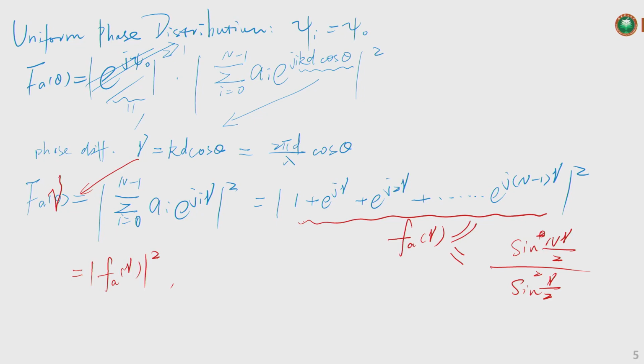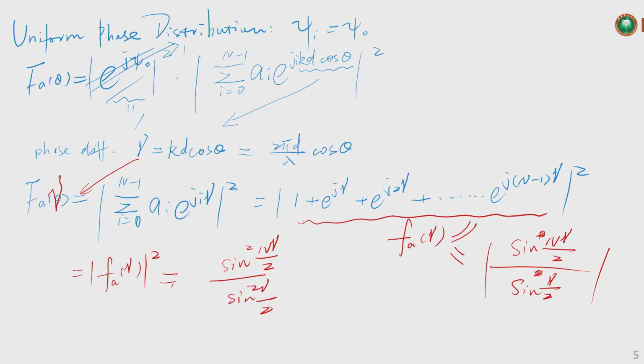Just this one, and so this one equals C squared. So based on this, now we can plot the pattern, right? Even though we do not consider the element amplitude, we can get the pattern based on this one, a normalized pattern.